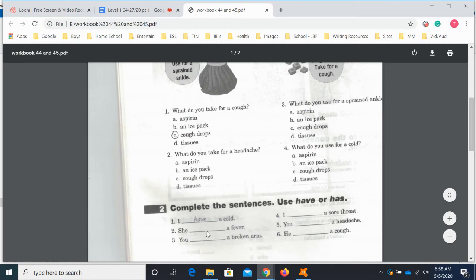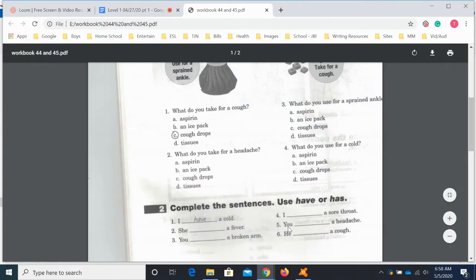Number 3, you have a broken arm. Number 4, I have a sore throat.